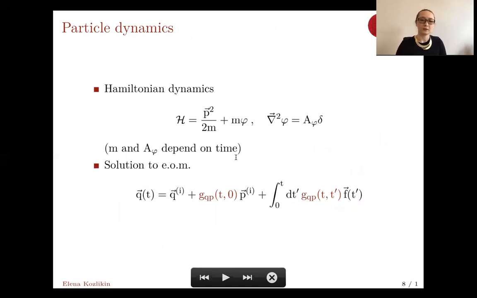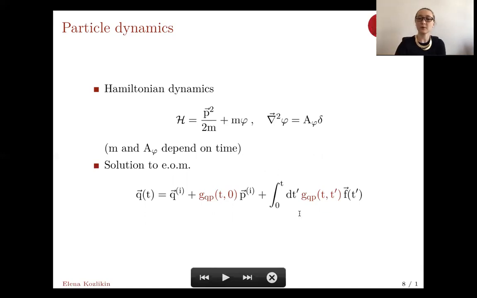Since you have Hamiltonian equations, you can solve them by simply using a Green's function, because they're linear differential equations, and you can write down the solution to the equations of motion in this way, where you have the free part, so I indicates the initial particle positions and momentum, and here you have the propagator, which in the simplest case is just t minus some t initial.